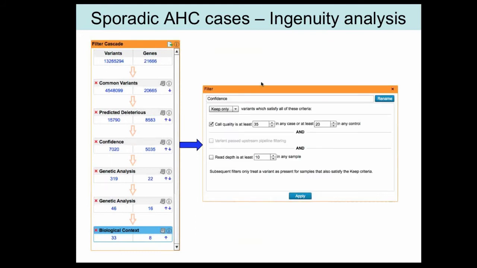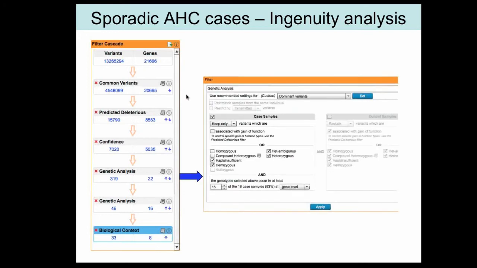We decided to focus on variants that have good support. The default usually is 20, but in this case we preferred to go to 35 to make sure that we're not including errors in the analysis. Then comes the more interesting analysis, which is called the genetic analysis.